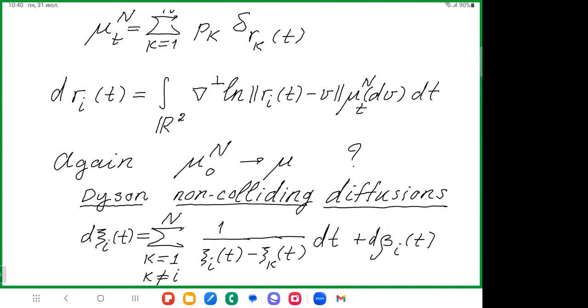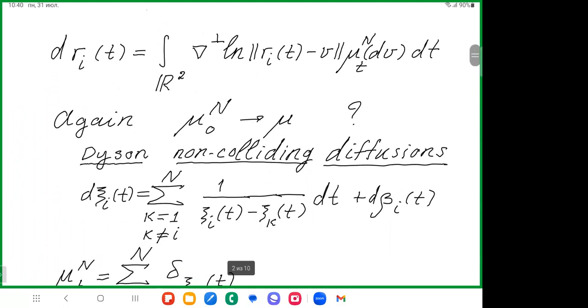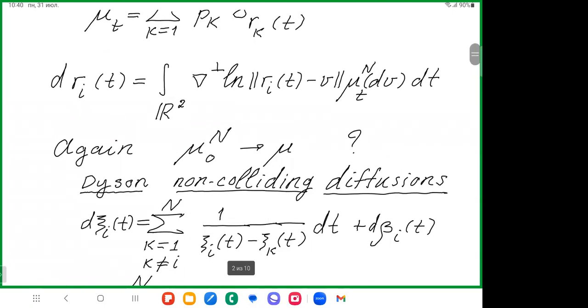The last example also gives us the same feeling. It is also a well-known example which belongs to Freeman Dyson. This is his well-known equation for non-colliding diffusions. You see the equation: d psi_i equals the sum from k equals 1 to n, k not equal to i, of 1 divided by the difference, dt, plus d beta_i, where beta_i are standard independent linear processes.